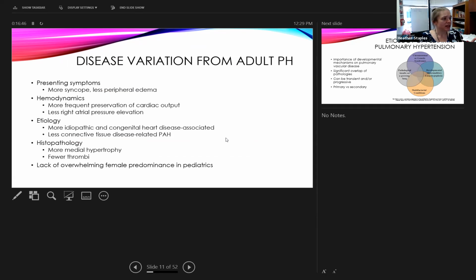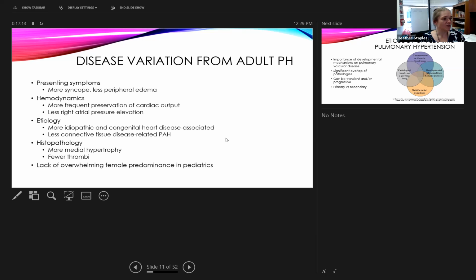However, kids do get idiopathic pulmonary hypertension where they've been healthy and then all of a sudden they start having symptoms, and this is the etiology. So typically kids or teenagers that are going to present with this will have syncope. So not saying you need to think every kid who has syncope has pulmonary hypertension, but that is a common presentation in kids with PH.